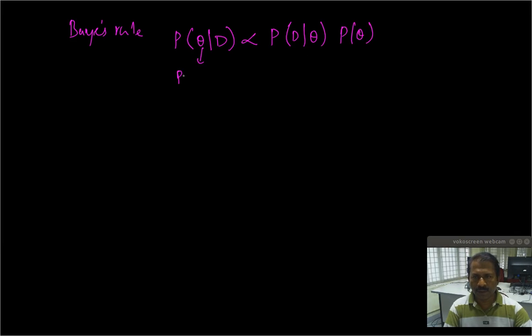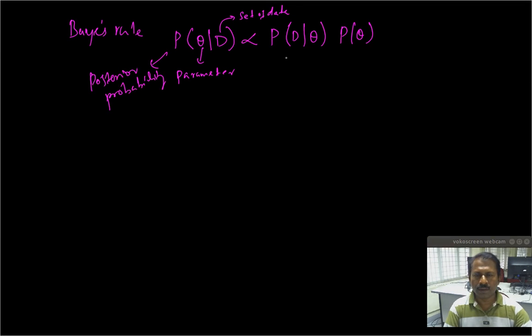This is the parameter, and this is the set of data, and this is the posterior probability, and this is your likelihood function, and this is our prior.